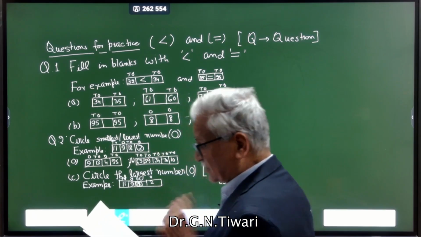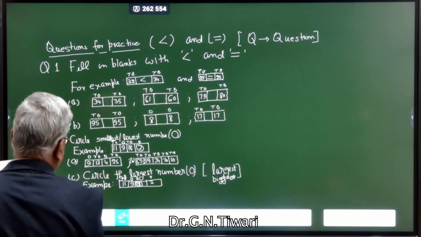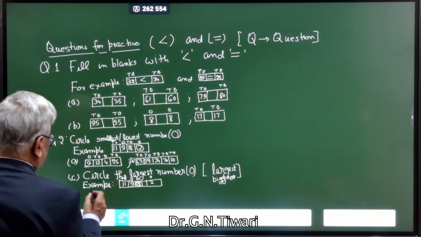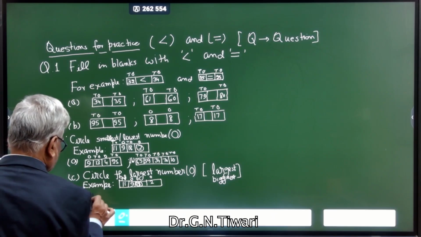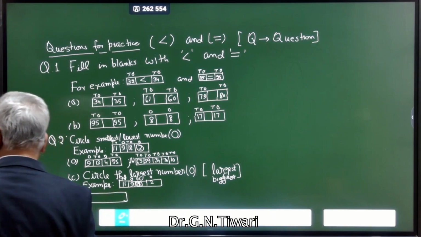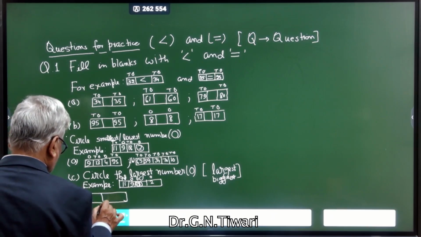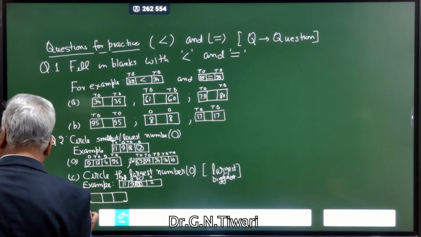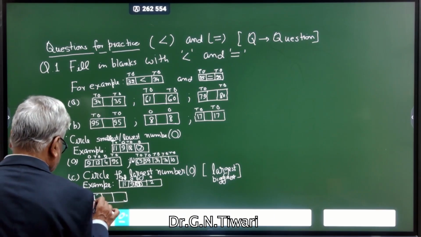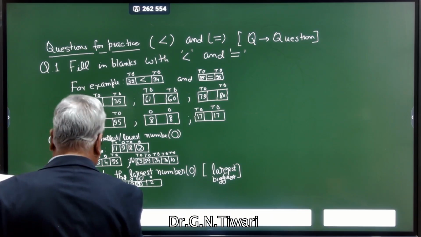Now I am giving the question. The question is, make a block of 4, then make this 2, 3, 4, then 9, 13, and 4, and 25.